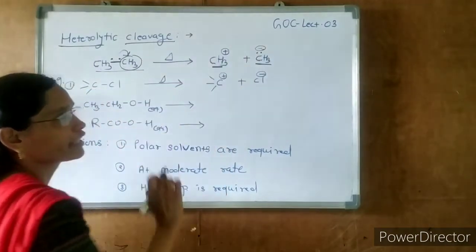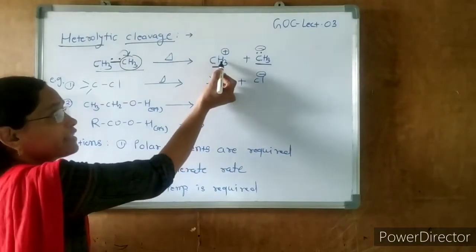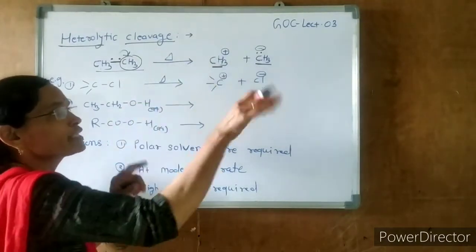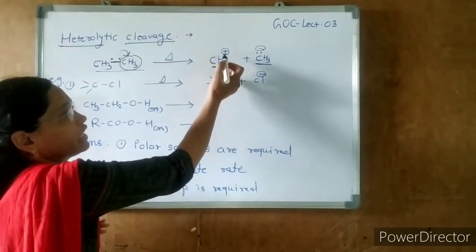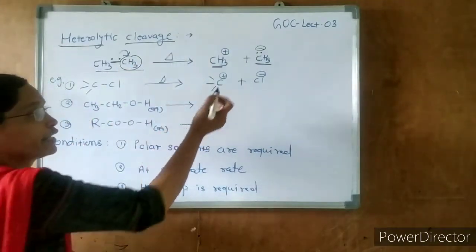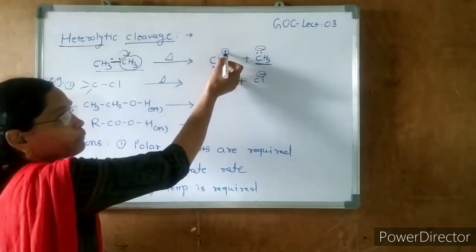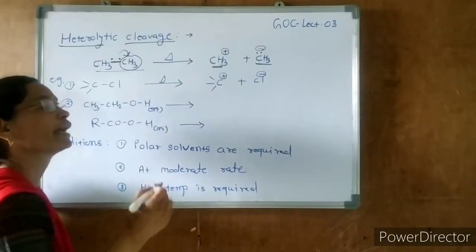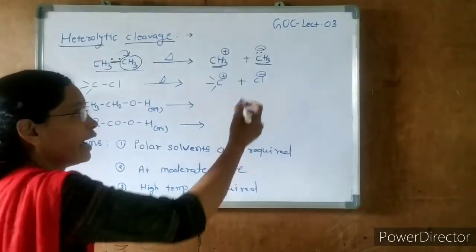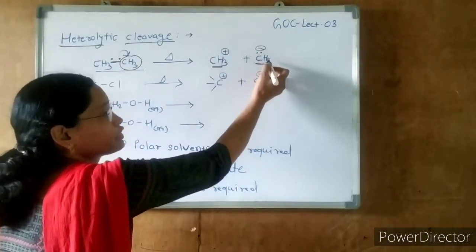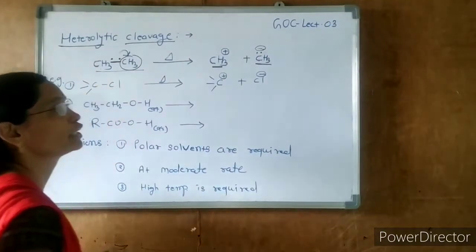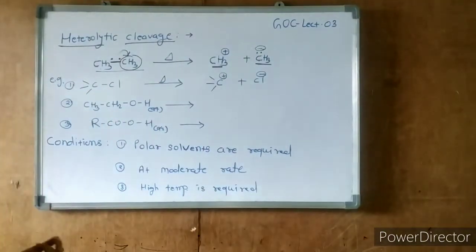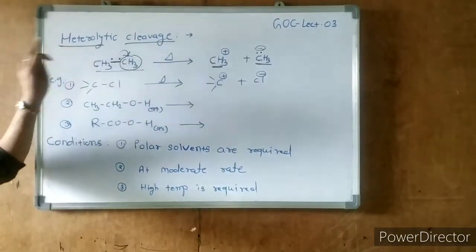As the other carbon loses its electron, it will acquire a plus charge. The carbon bearing a positive charge is known as a carbocation, and the carbon bearing a negative charge is known as a carbanion. In this way charged species are formed in heterolytic cleavage.